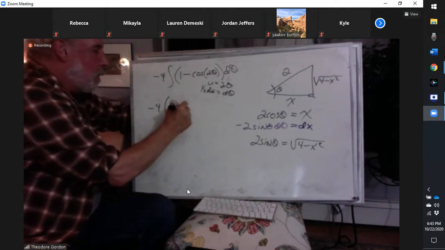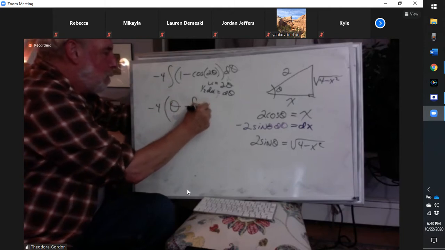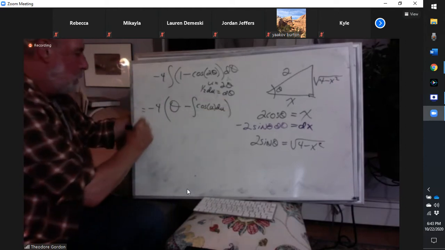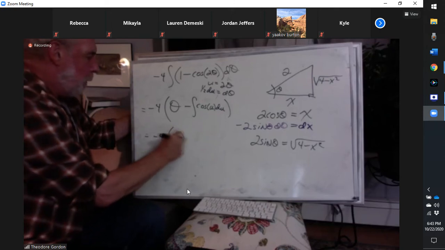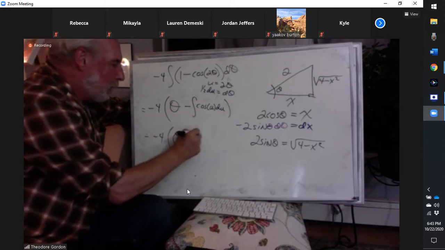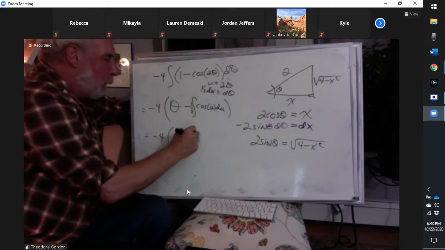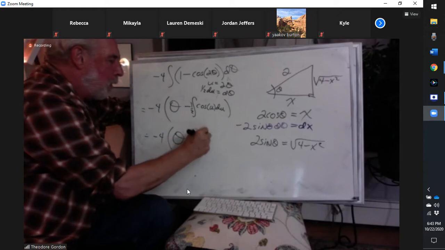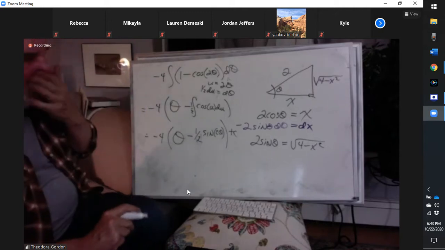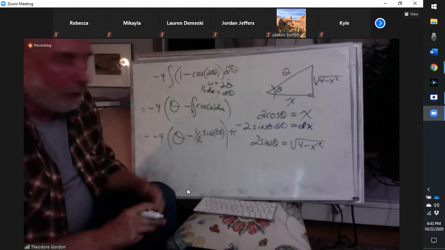So what we get over here is minus the integral of cosine of u du. So we get -4 theta. The integral of negative cosine is negative sine. So we get, I forgot the 1/2 out here, so this becomes -1/2 the sine of 2 theta, and then plus c. So that answer is correct.